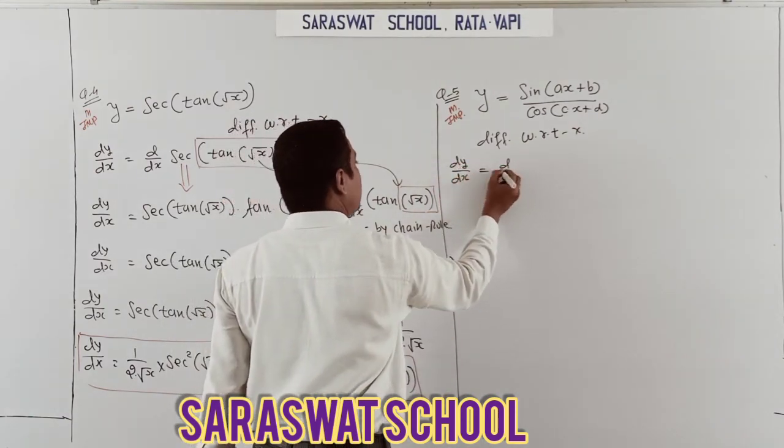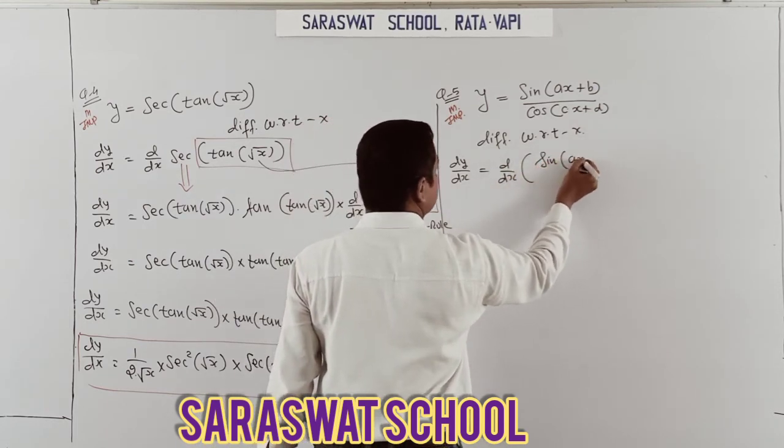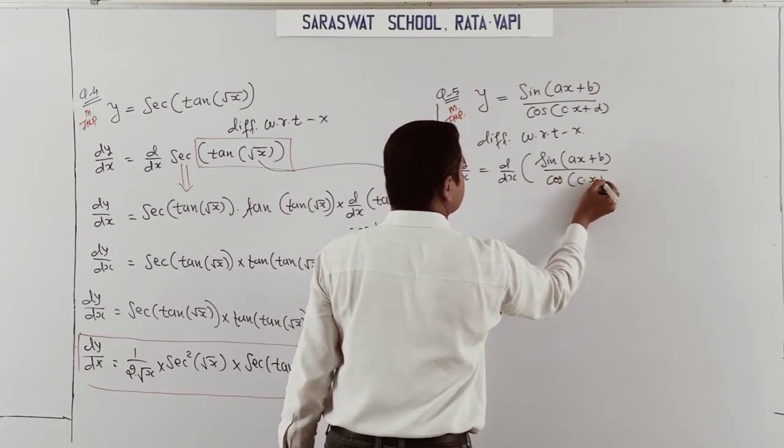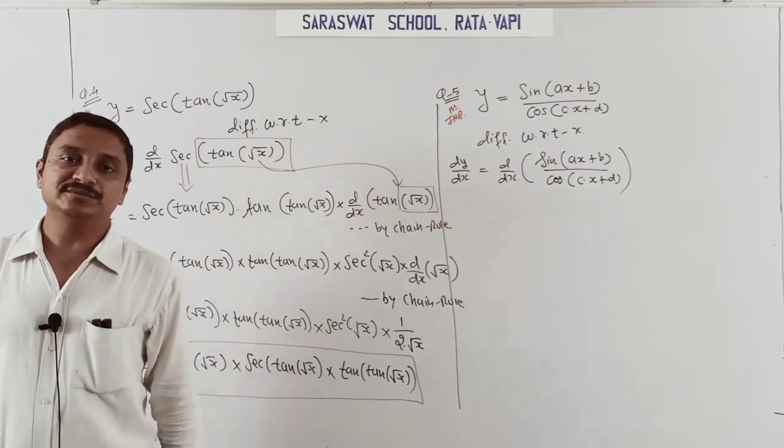Here apply d by dx to your question, sin(ax plus b) upon cos(cx plus d). Students, only what do I operate here? The division rule.